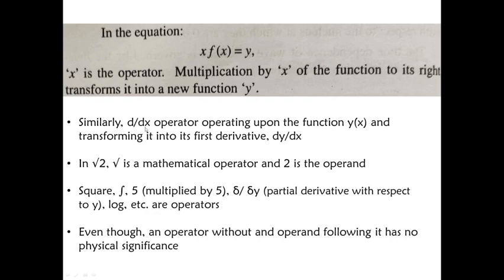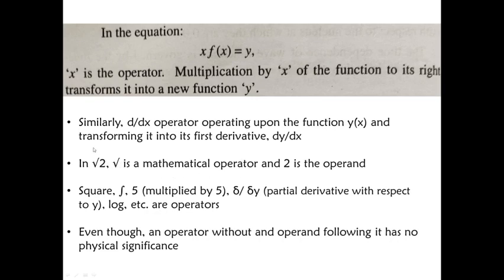Similarly, d by dx is an operator, because differentiation acts on one function and then it is converted into another one. The d by dx operator operates upon the function y(x) and transforms it into its first derivative dy by dx. Likewise, the square root symbol is a mathematical operator.